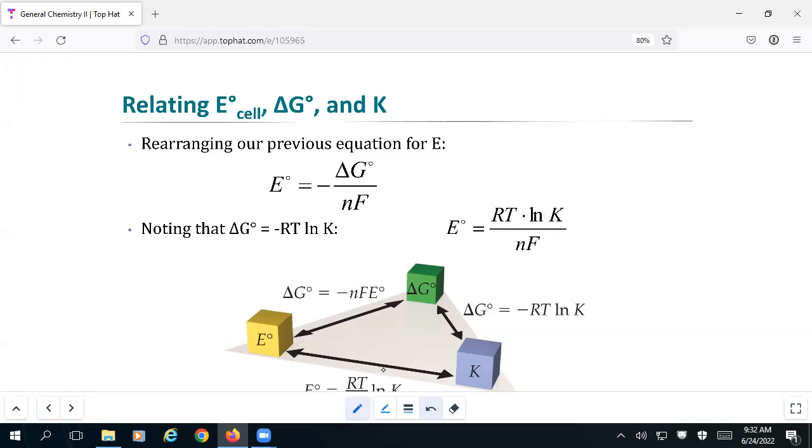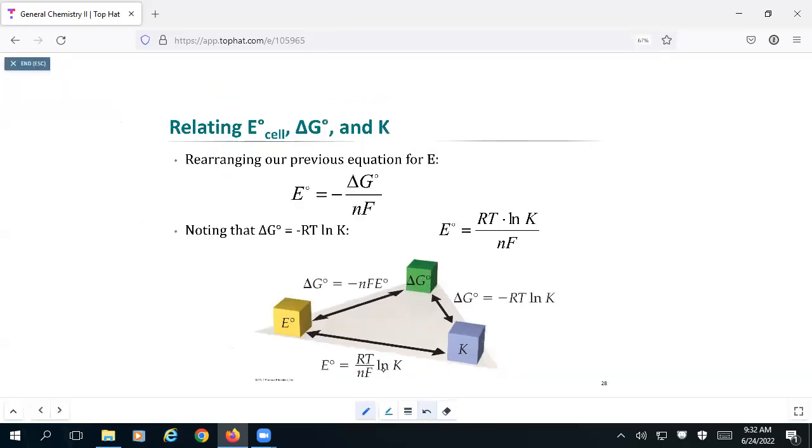Now, what this also allows us to do is, by incorporating this relationship with our other thermodynamic relationships, we get a series of equations that we can easily go between to look at different kinds of calculations. So we already know from our previous slide that delta G was equal to negative NFE.